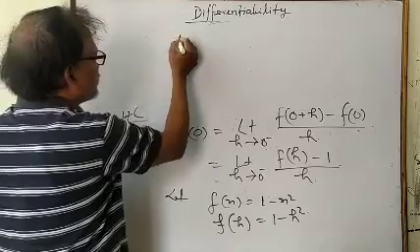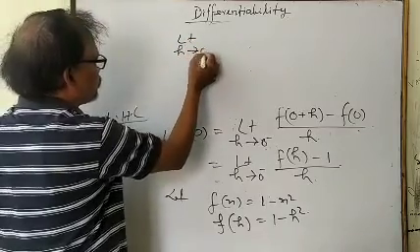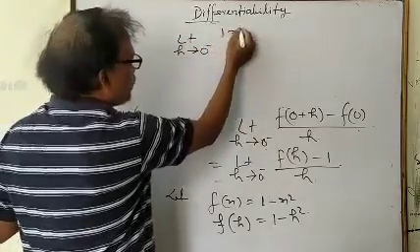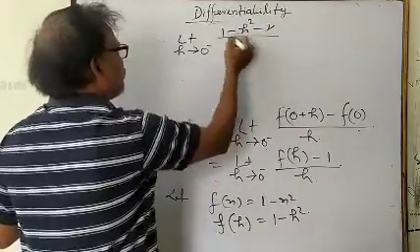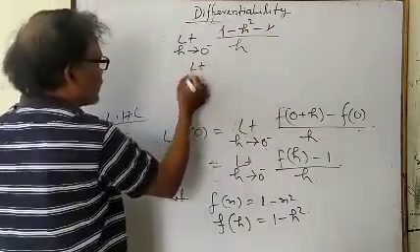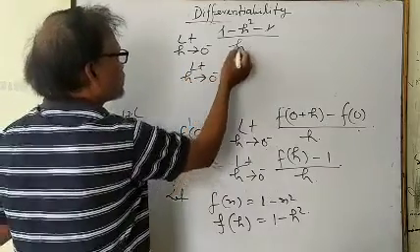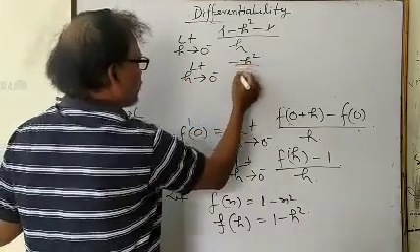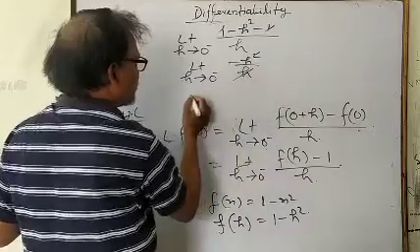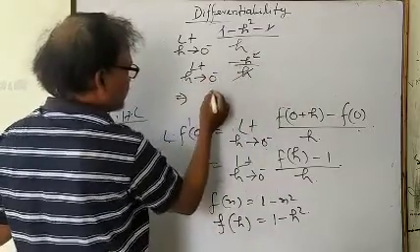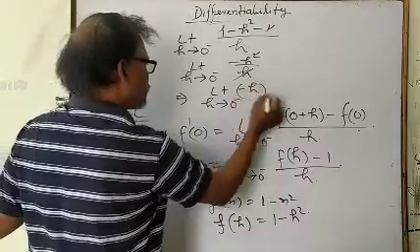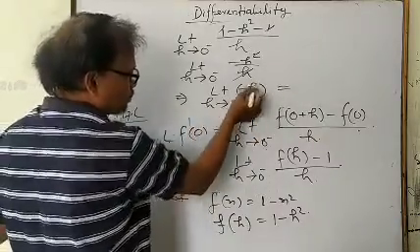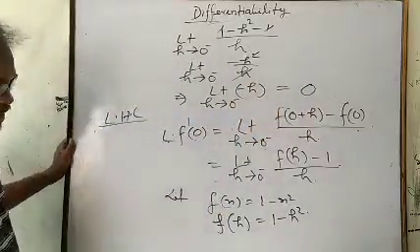You will get limit h tending to 0 minus, 1 minus h square minus 1, upon h. 1 cancels. Limit h tending to 0 minus, minus h square upon h, is equal to minus h. And when you put h is equal to 0, you will get 0.